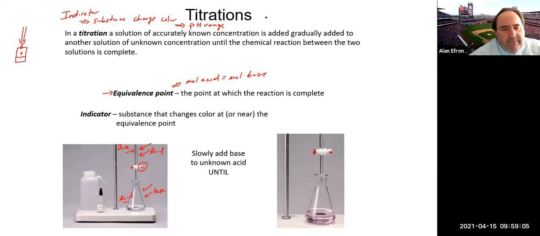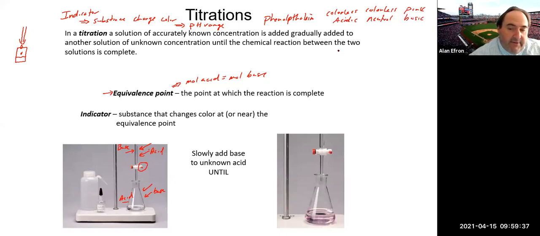So you're probably familiar with phenolphthalein, and that's the common indicator used in a lot of acid-base titrations. It is colorless in acidic conditions. It's actually colorless in neutral pHs. It turns pink in basic situations.